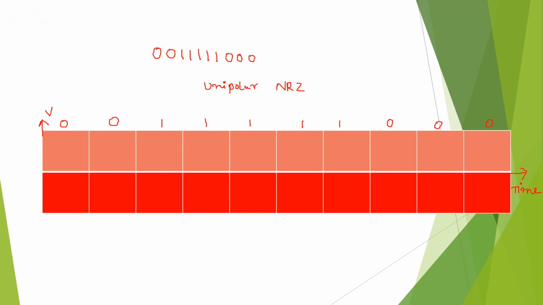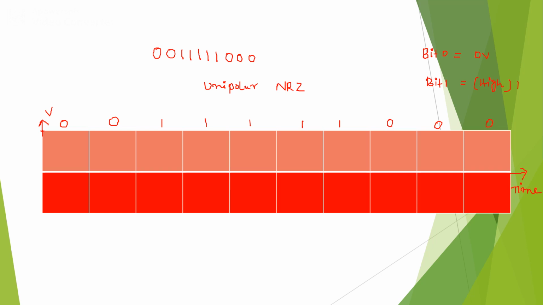In the case of non-return to zero, we can consider bit 0 as 0 voltage itself. Bit 1 will have some magnitude, that is high or 1. So this is the voltage level I can consider.